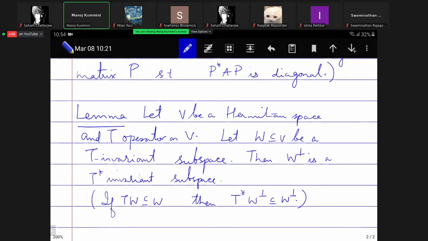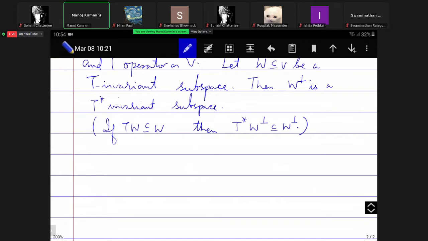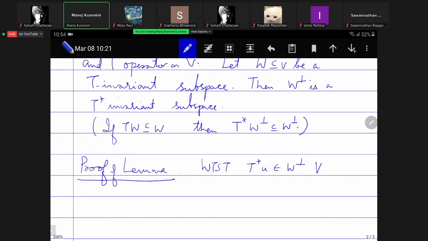So now let us use this. Let's prove this statement. So proof of lemma. What do we want to show? We want to show that T star U is inside W perp for all U inside W perp. But what characterizes W perp?